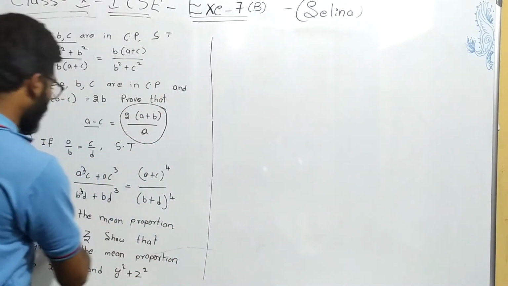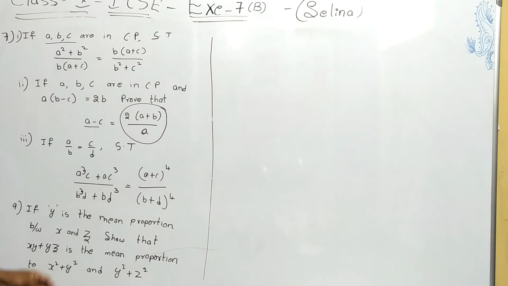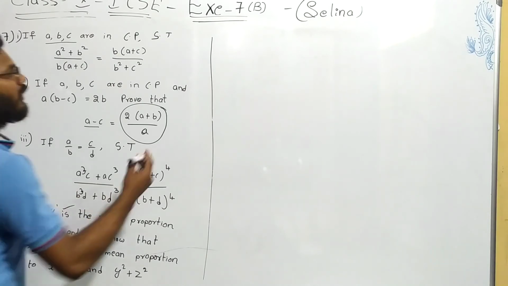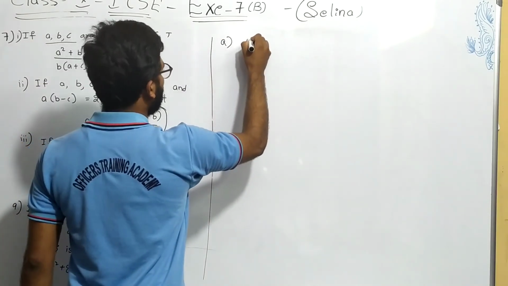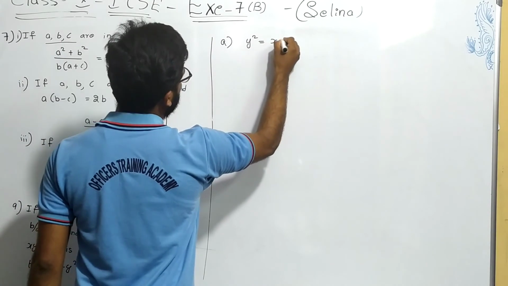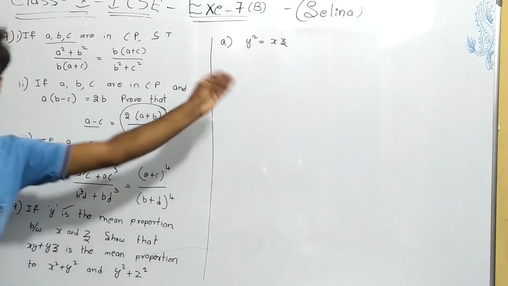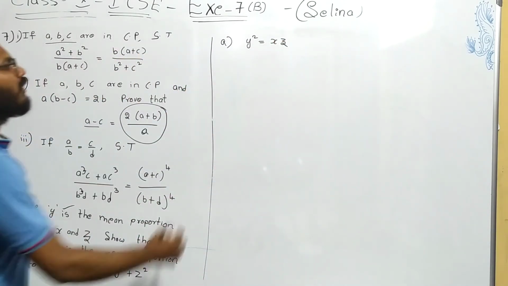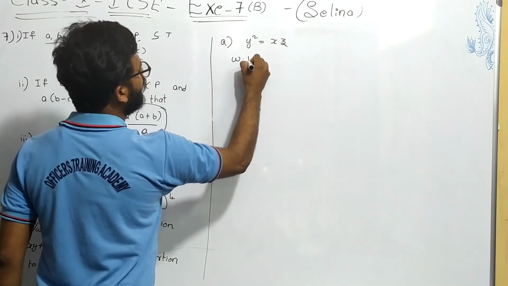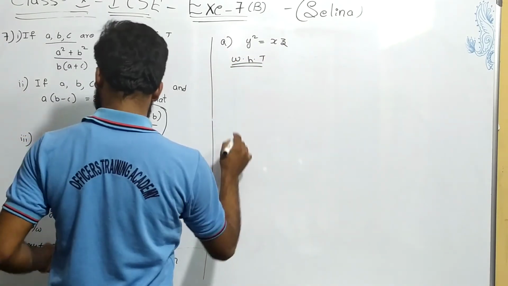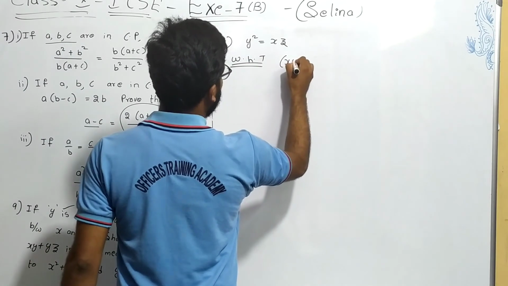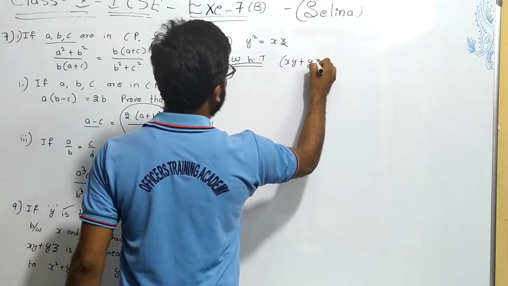Next, if Y is the mean proportion between X and Z, show that XY plus YZ is the mean proportion to this one. So, this they gave, right? So, what they have given? y square is equal to xz, right? Why? Because y is the mean proportion between x and z. And we have to prove xy plus yz is a mean proportion to this one.